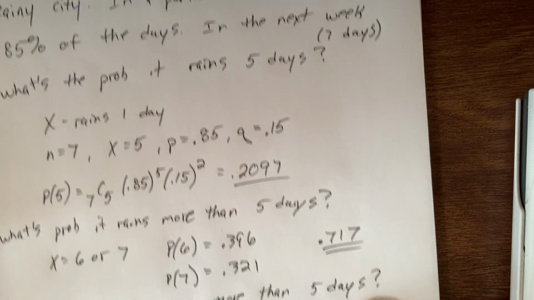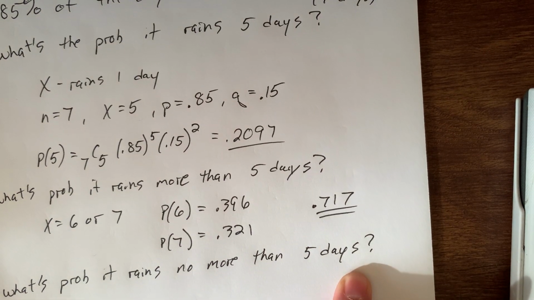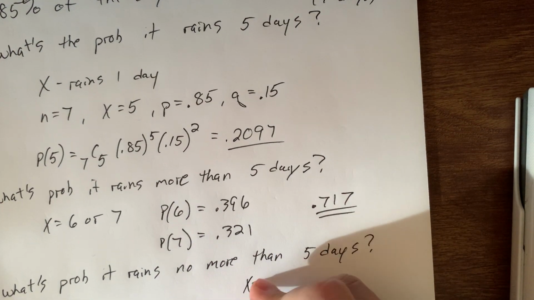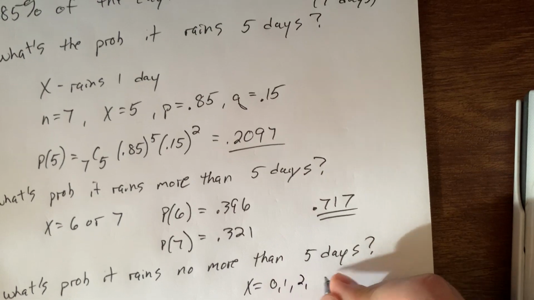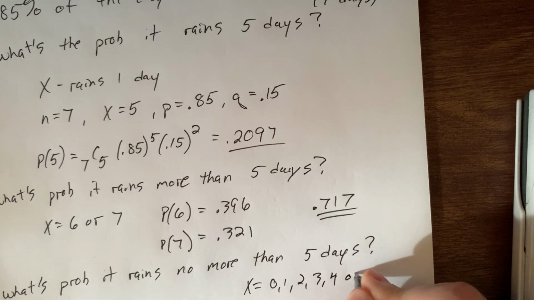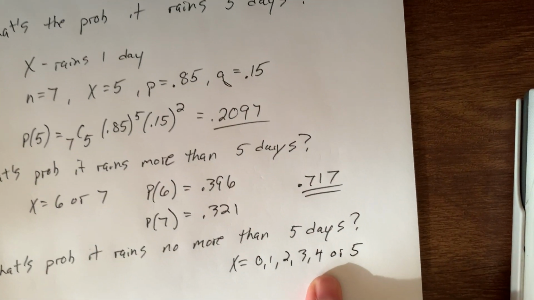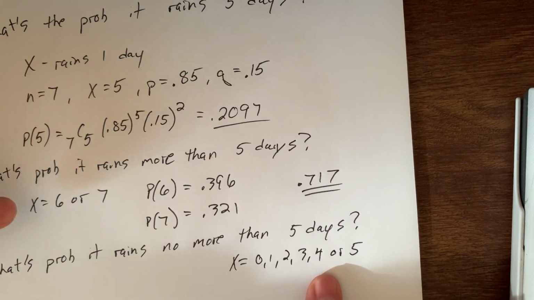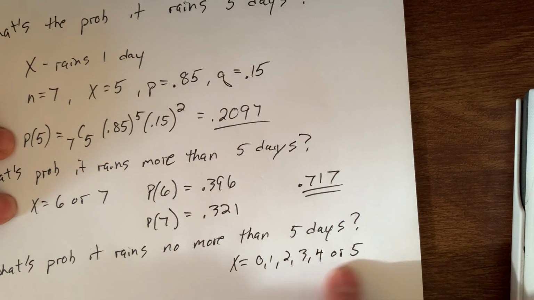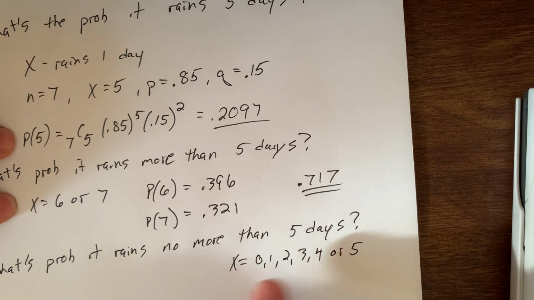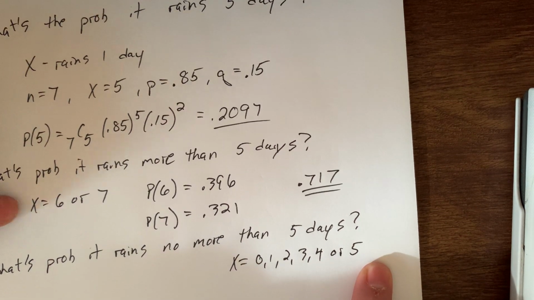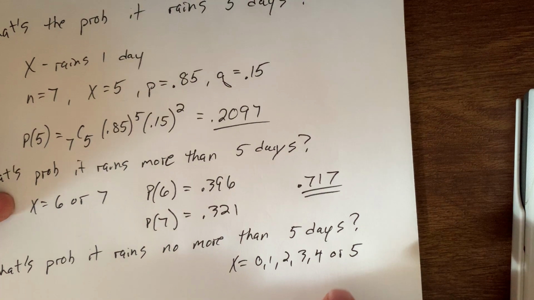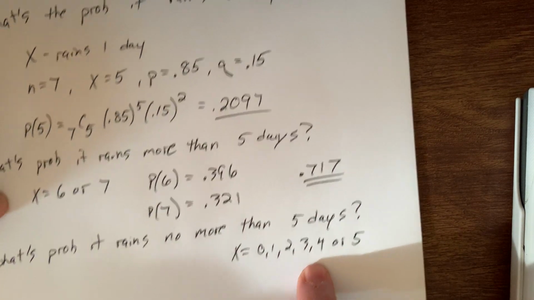Now, no more than 5, well, that's 5 or fewer. Now x would be 0, 1, 2, 3, 4, or 5. And one more time, we could take advantage of the complementary situation. All of these x's are all possibilities except for these two, so these two are, again, big picture complements.